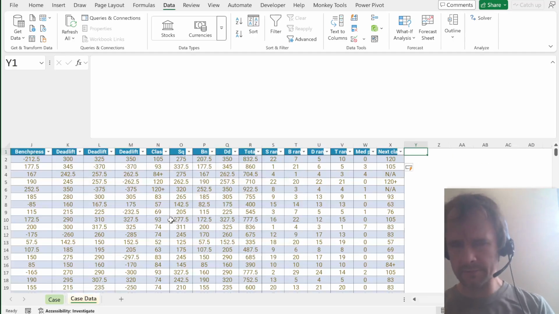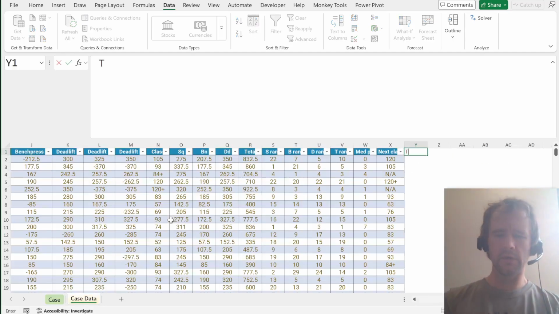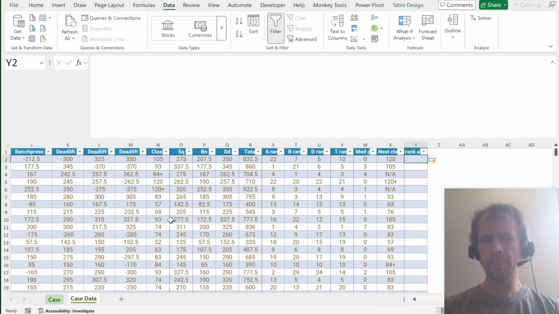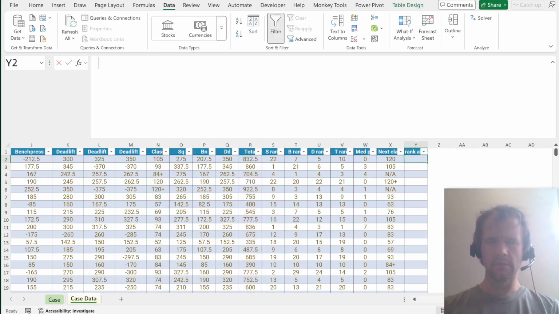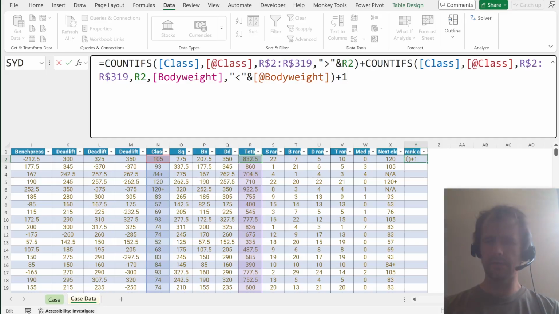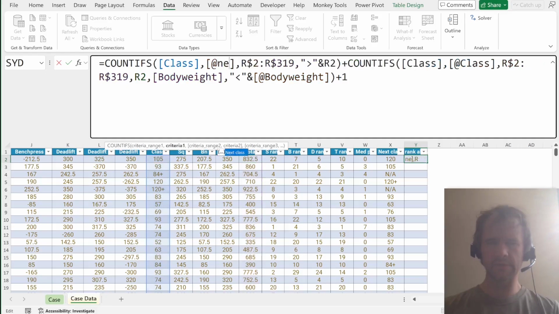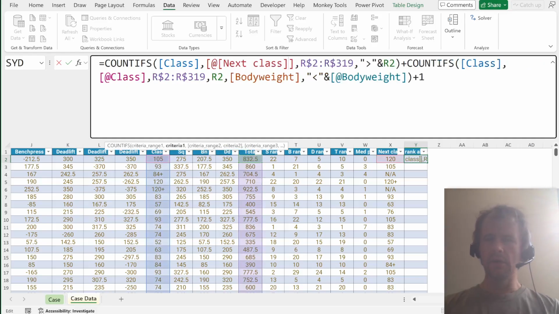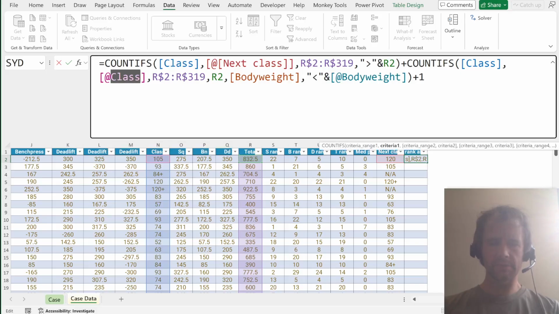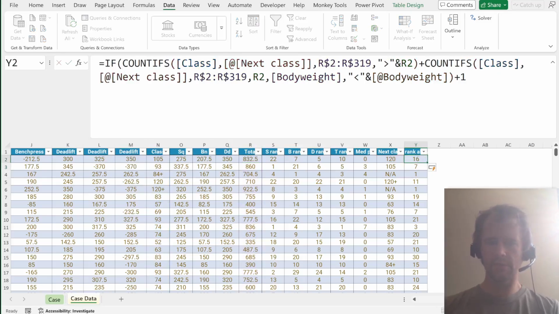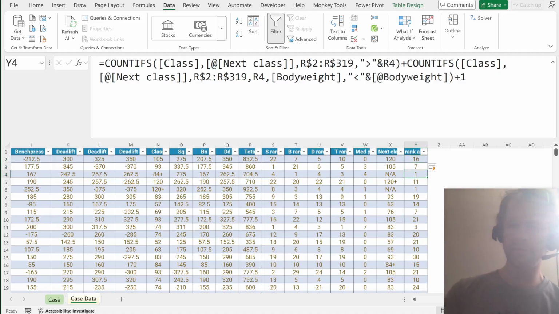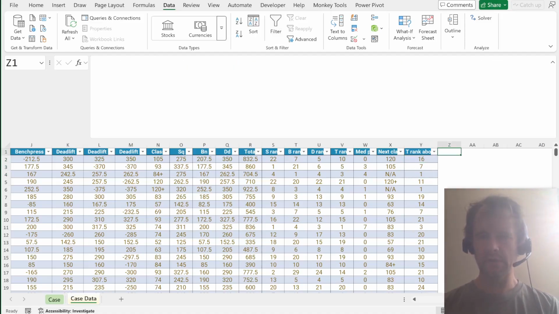Total, yes. All right, so rank above. And it should just be this, but replacing class. So this class stays the same, but this class becomes next class. And similarly, this class becomes next class. But then we're going to say if, never mind. So the NAs are obviously just first in the class above, which is fine.